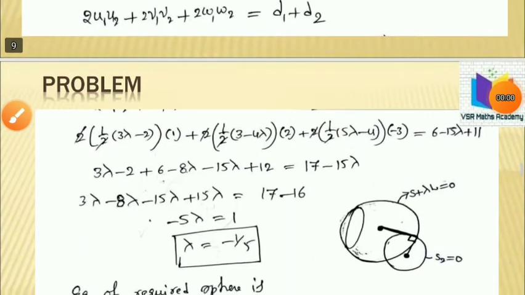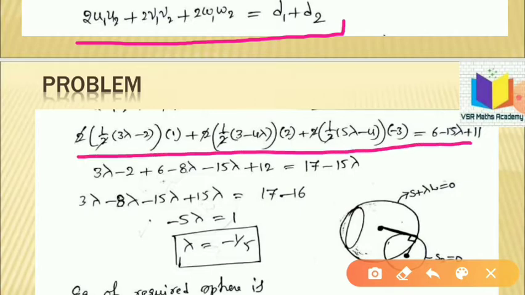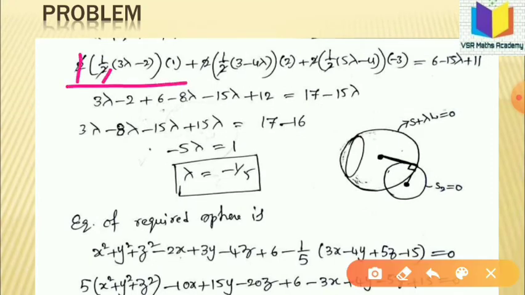Therefore by substituting the values of u1 u2 v1 v2 w1 w2 d1 d2 in this condition, you can get like this. So on simplification 2 will be cancelled here also and here also. On simplifying this you can get like this.